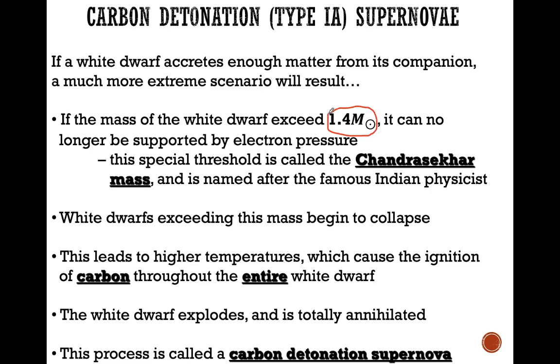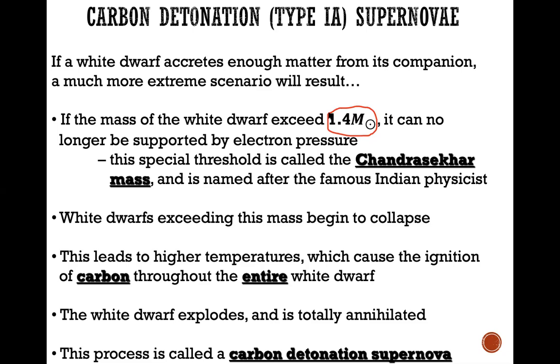Then it can no longer be supported by this electron pressure. Remember that a white dwarf is in this balanced state due to the electron degenerate pressure, right? We discussed this last time. You have the electron degenerate pressure at the center and it will balance the gravitational forces coming from the outside towards the inner region.